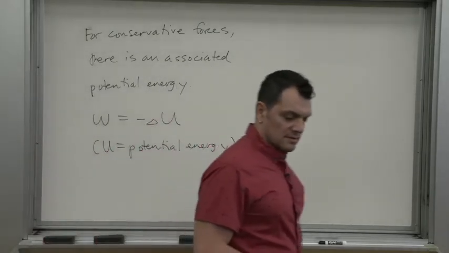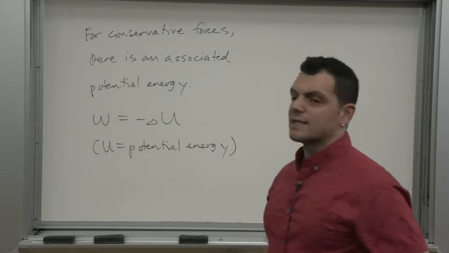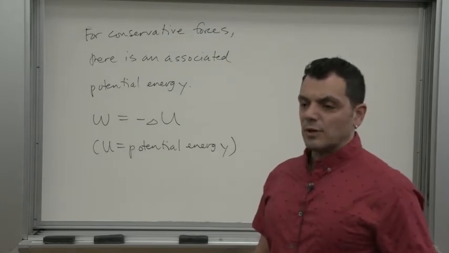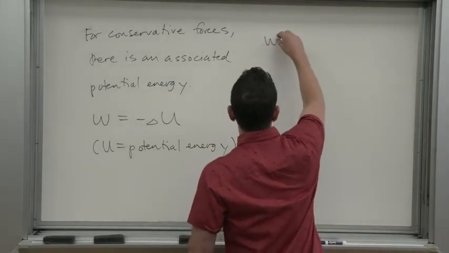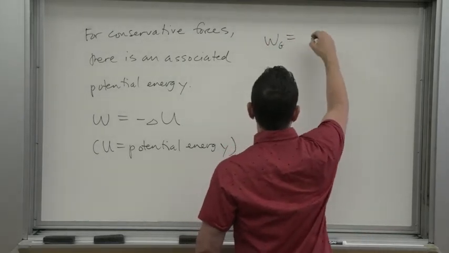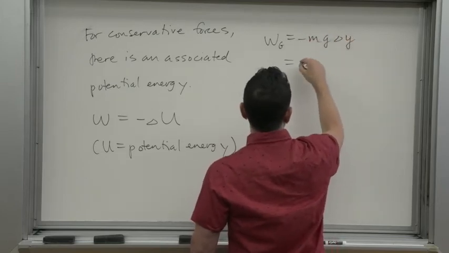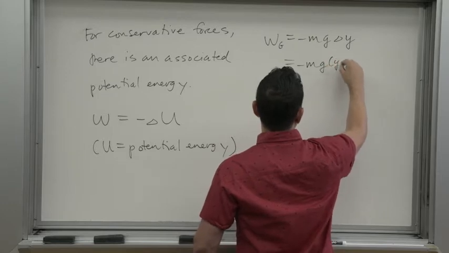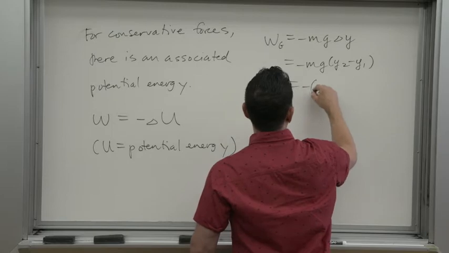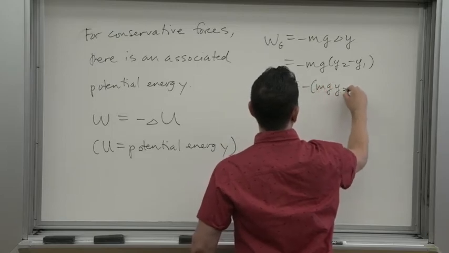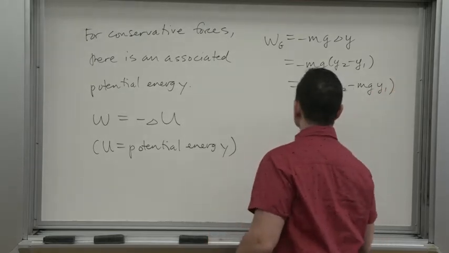So this might not seem like we're saying much here, but let's take a look at what this says about gravity, for instance. So we know that the work done by gravity is equal to minus mg delta y, which can be written as minus mg times y2 minus y1, which is minus mg y2 minus mg y1.